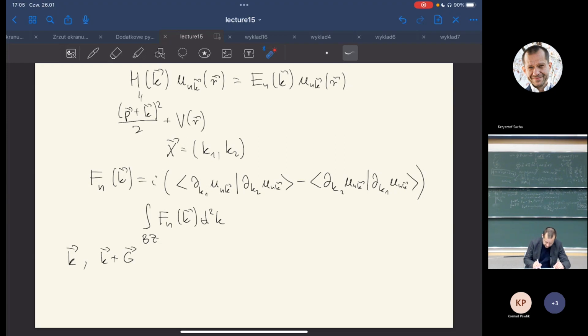So if we take this flux of the Berry curvature through our Brillouin zone, through our torus in the quasi-momentum space, and divide this flux by 2 pi, then we obtain an integer quantity, which is called the first Chern number.